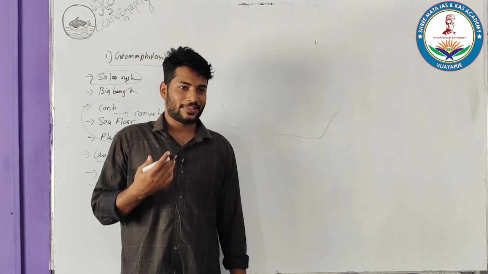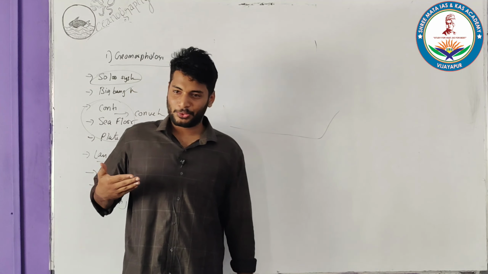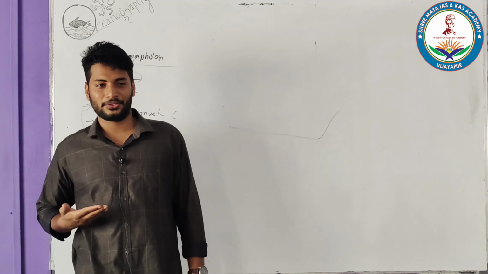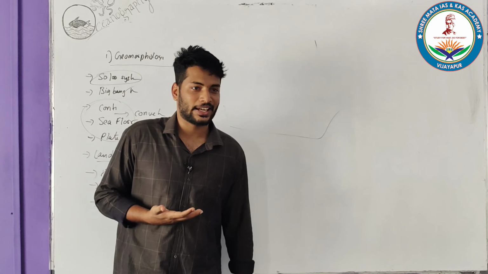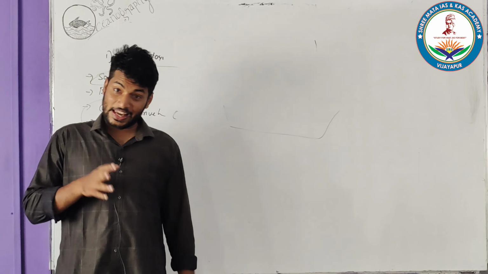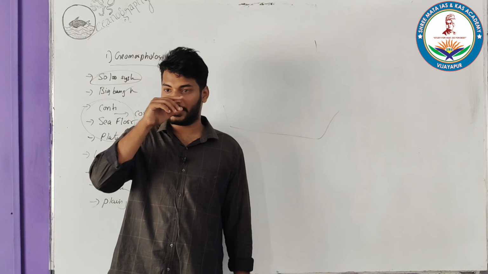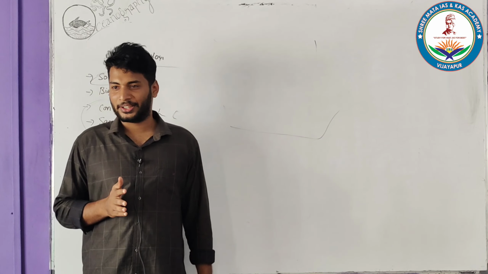Why? Because after the Second World War, you can find the invention of different submarines. And when the submarines started to move across the oceanic floor, they came to know that there are huge landforms inside the interior of the sea. In the same way, have you heard about how the jet stream was discovered? We didn't have any idea of jet stream before 1945.